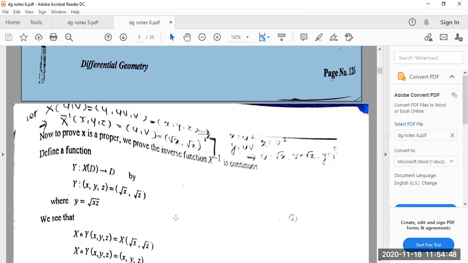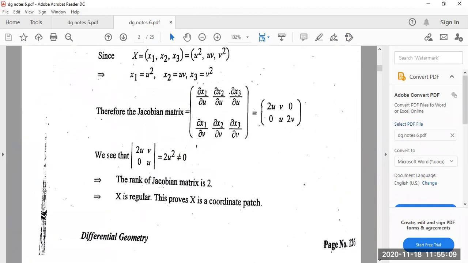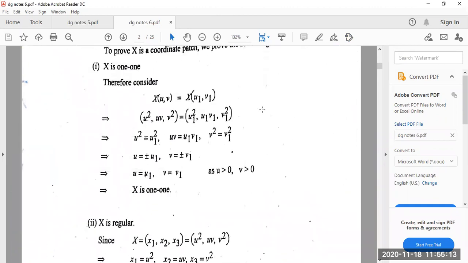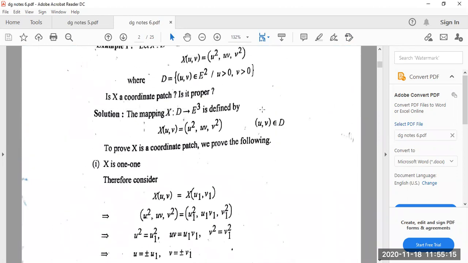In the example, x of uv was given as u square, uv, v square.